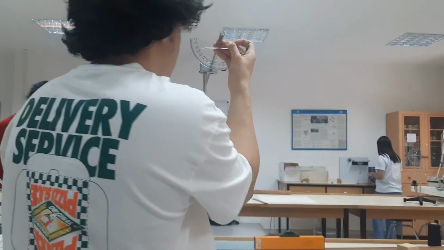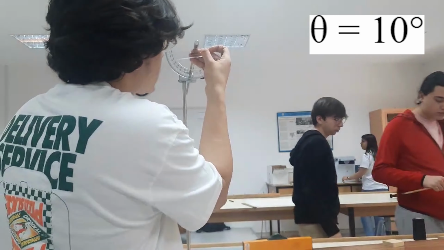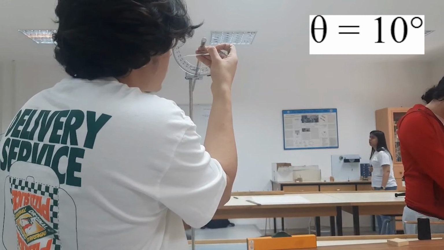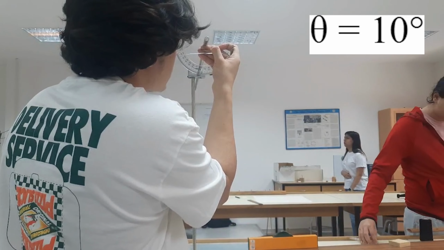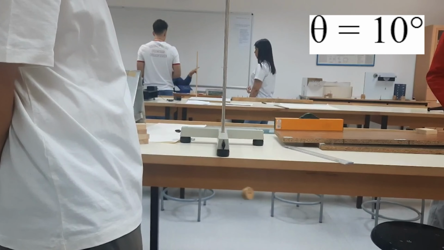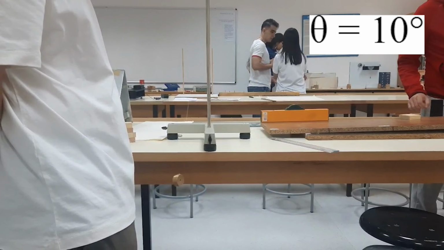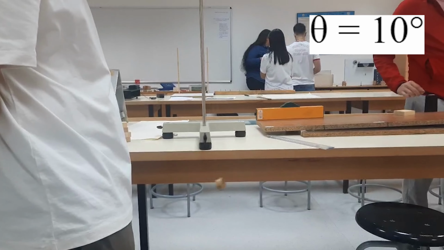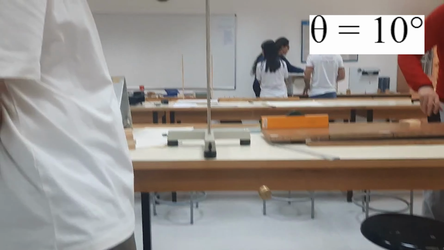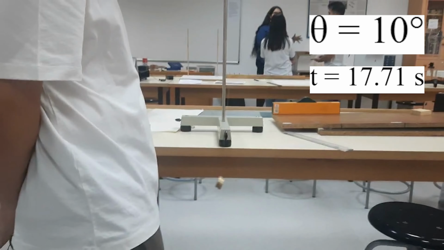In the next setup, the release angle is adjusted to 10 degrees. At 10 degrees, the duration of 10 oscillations is 17.71 seconds.